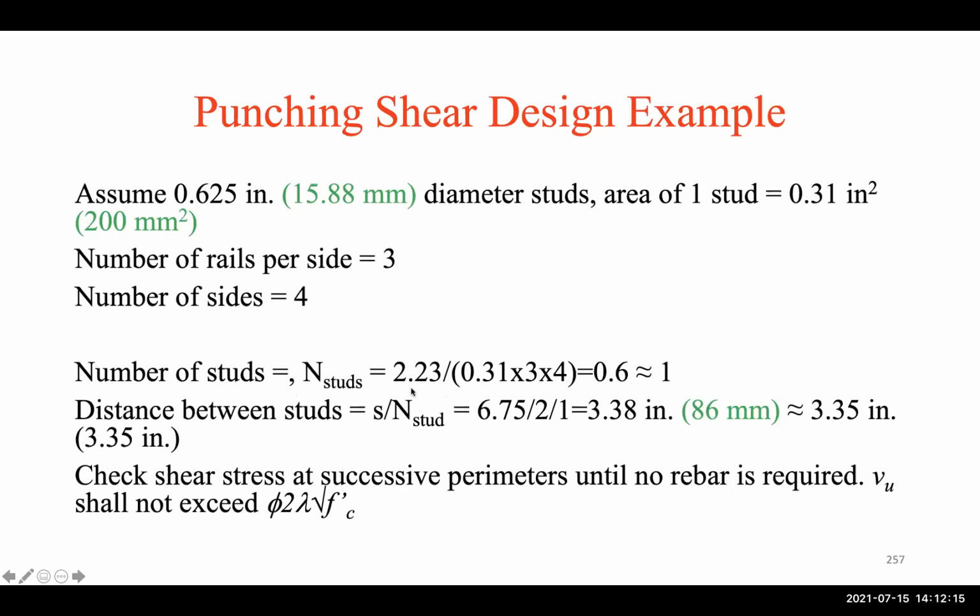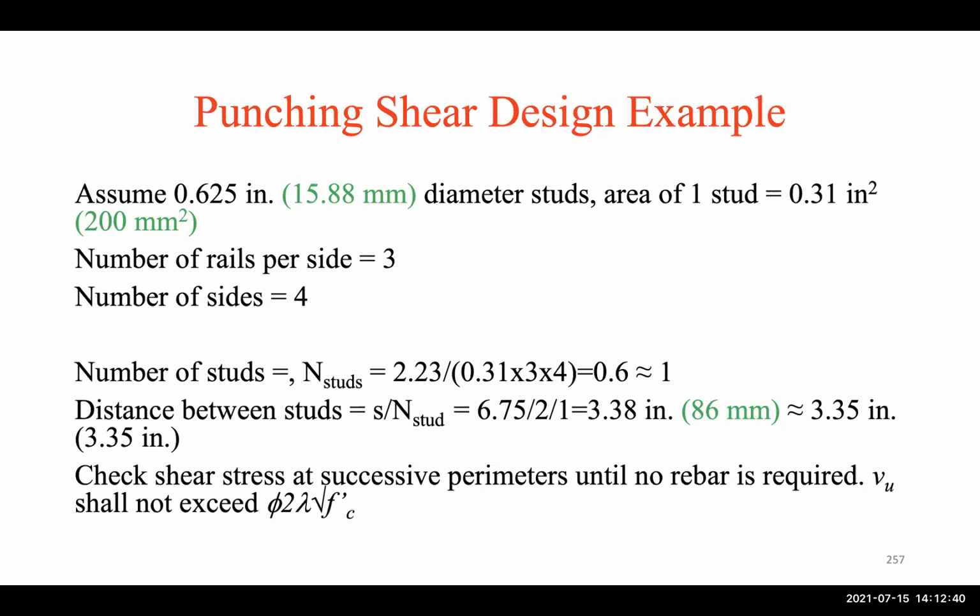Then the number of studs is the total area divided by the area of each stud. Then the distance between the studs is calculated. So we have 3.3 inches, and then now we check the shear stress in the perimeter outside the shear reinforcement.